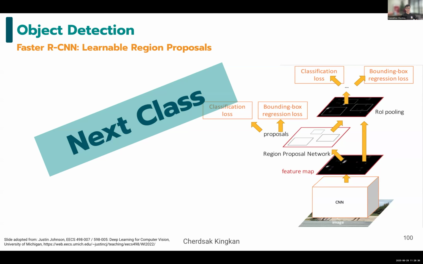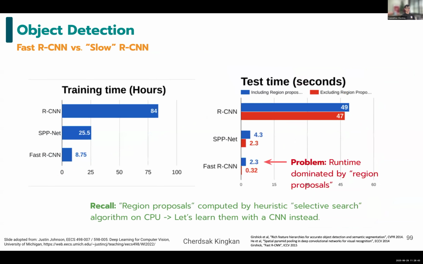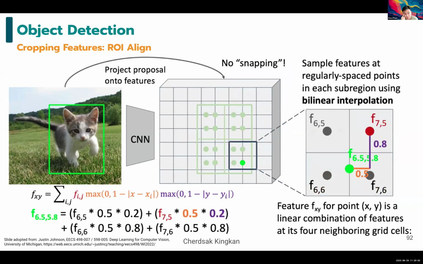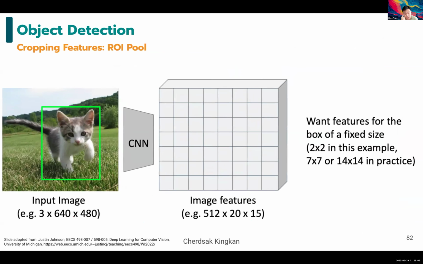All right, so any questions about fast RCNN, slow RCNN, and how the region proposal works? Sorry, doctor, I got lost, I'm still confused about the region of interest.